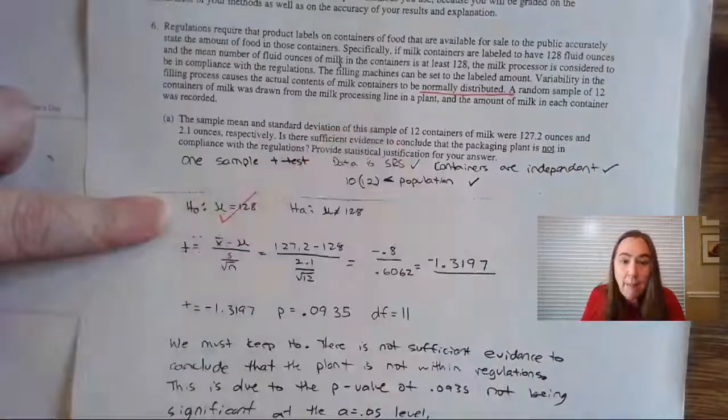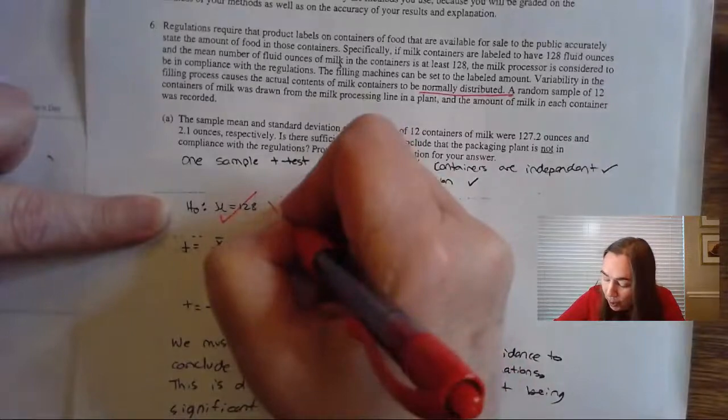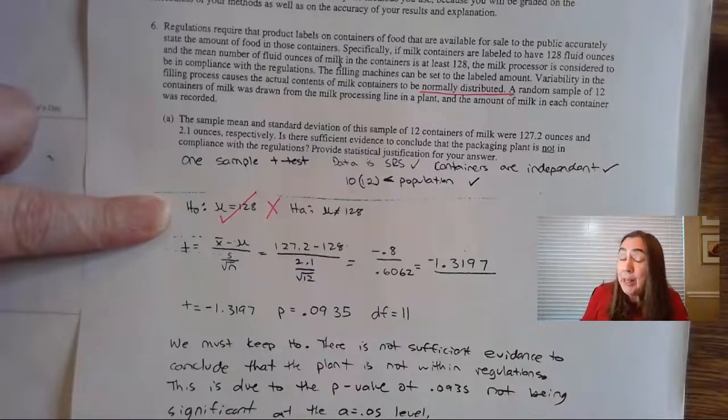That is the null hypothesis, but I do not see any words that identify the true population mean amount of milk being equal to 128 ounces. So the word part is missing, and they are not going to get the second check for the null hypothesis. It should be that the null hypothesis states that the true population mean amount of milk in a container is 128 ounces. That's the null, that's the H0.